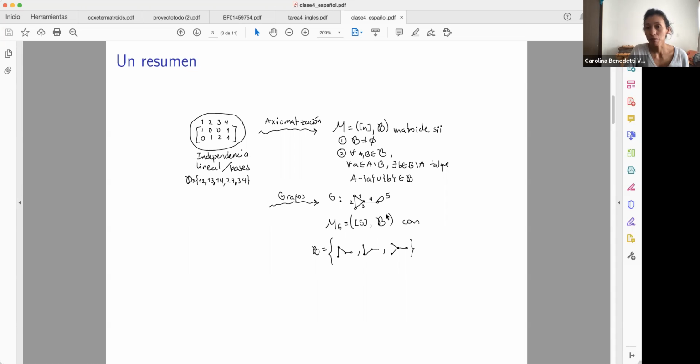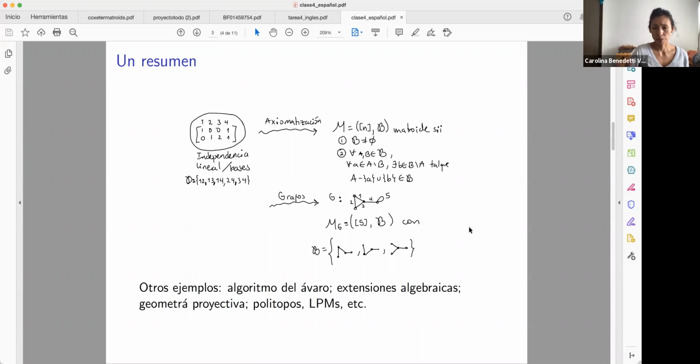And the collection B is the collection of bases, which for the graph, it just means the collection of spanning trees. And in this case, these are the 3 spanning trees that we have. And so the ground set, along with this collection of bases, forms a matroid that we call the graphical matroid. And like this example, we discussed some others.